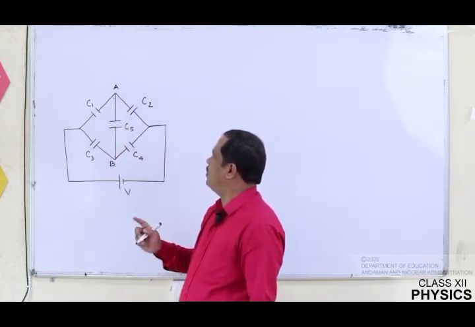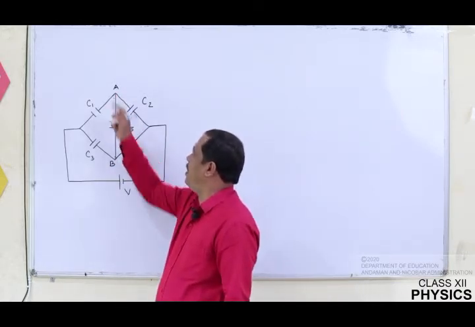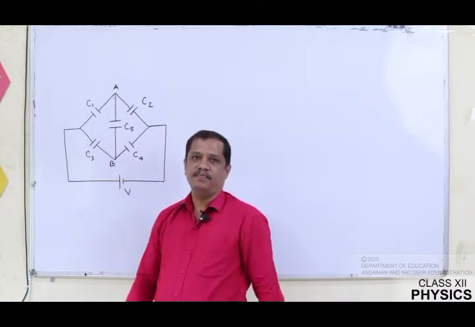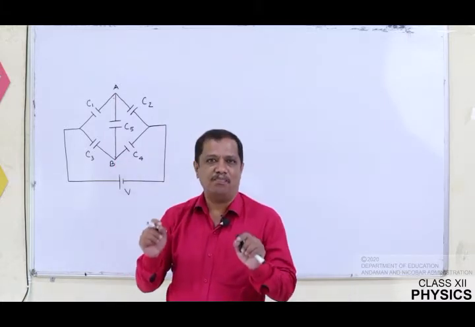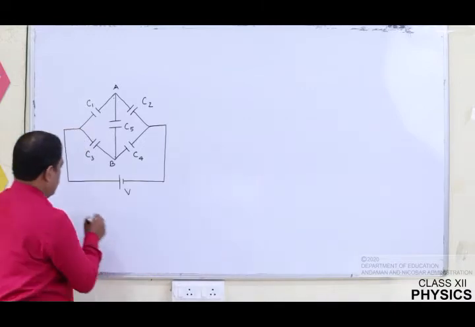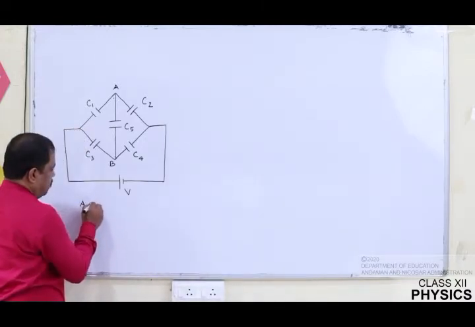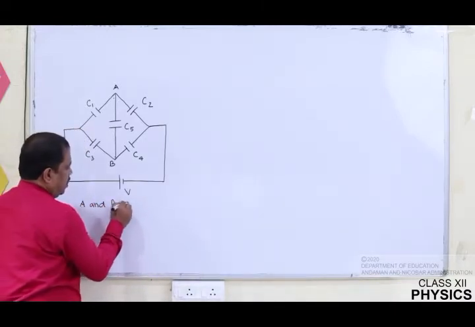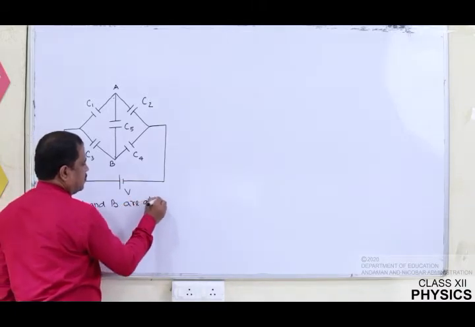Now the question is, it is said that point A and point B both are at same potential. So I say A and B are at same potentials.